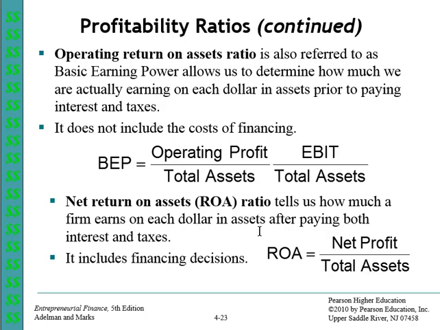The challenge with this number is it includes financing decisions. So if you want to make comparisons to other companies or to an industry, this could be a problem if they have different levels of financing. Or if your company is undergoing some dramatic changes in the way you finance.